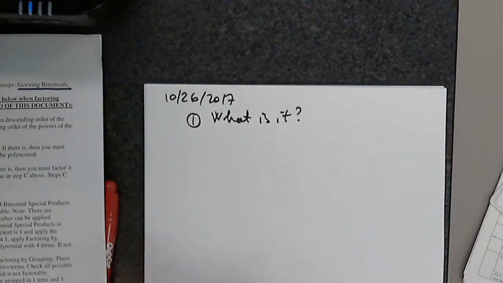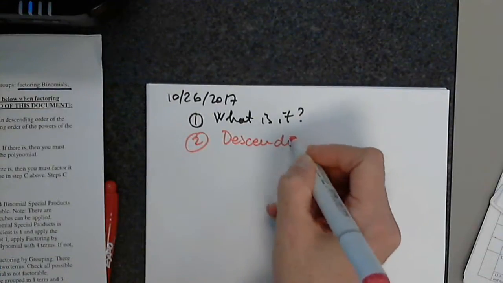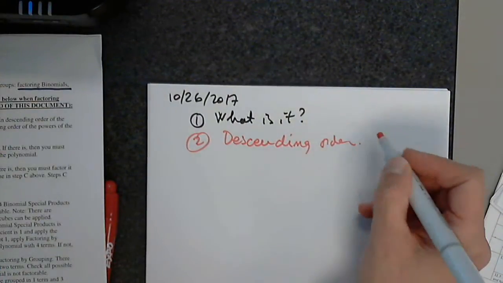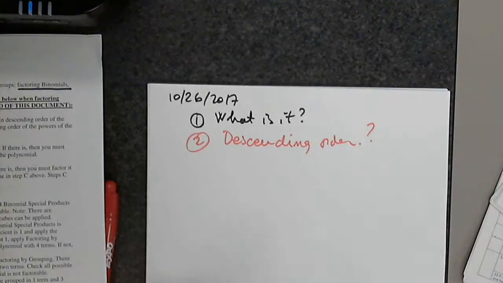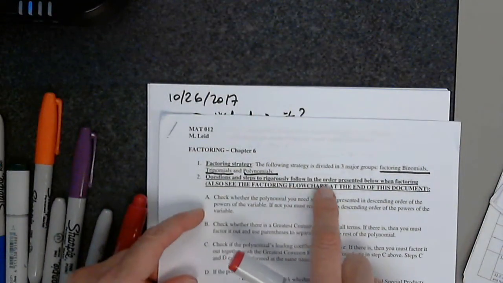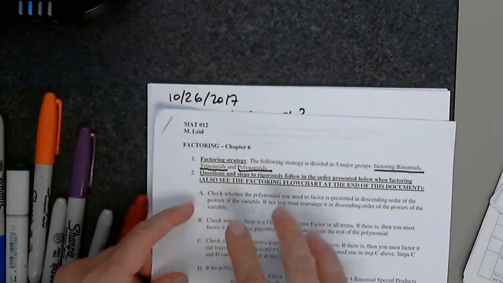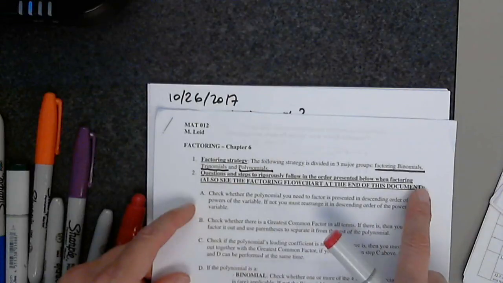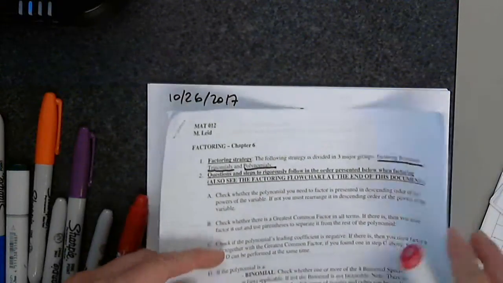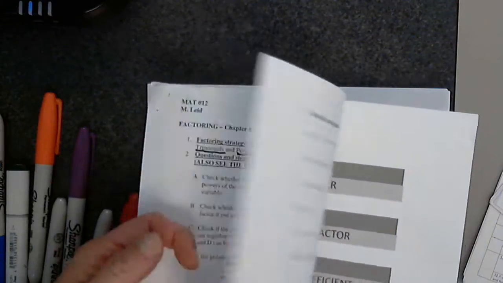My second question is descending order. If the polynomial is not, and you see that right here. So questions and steps to rigorously follow: please rigorously follow these in the order presented here. Okay? And also you can look for a summary, as I said, on the last page.